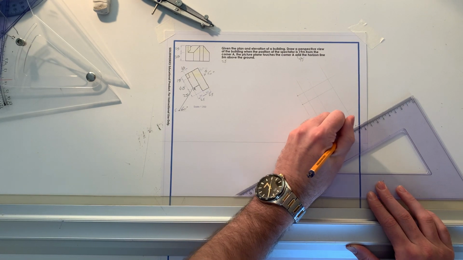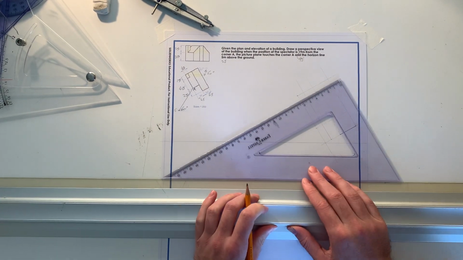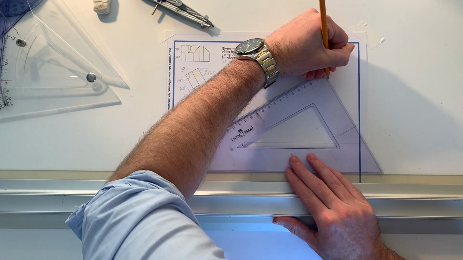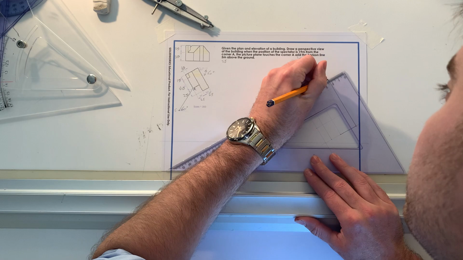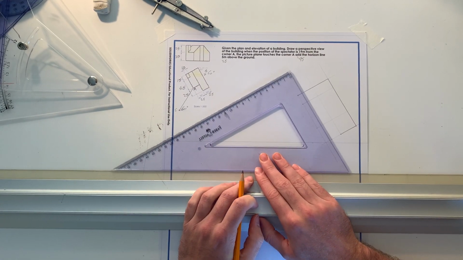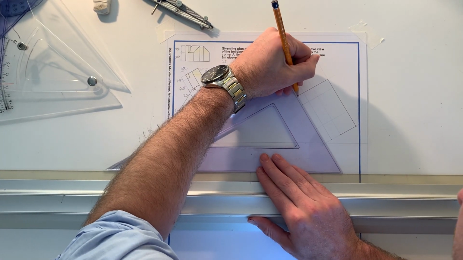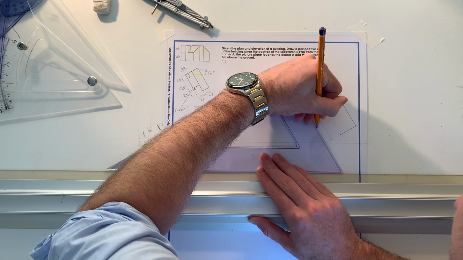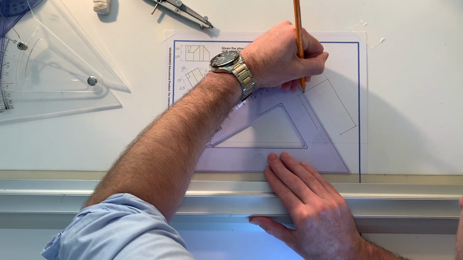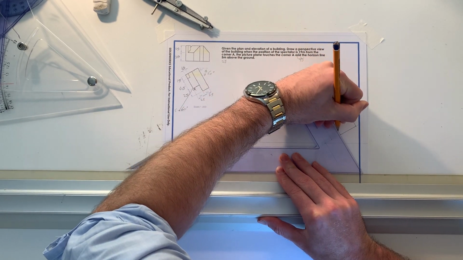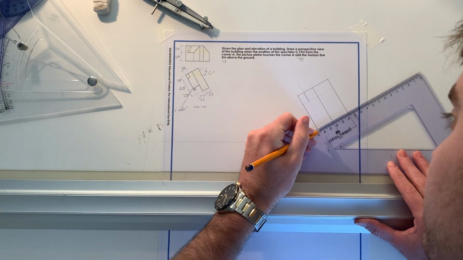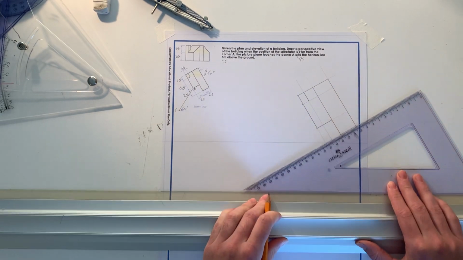Now I'm just going to darken in the outline of the object so it's nice and clear for you to see. Like so.